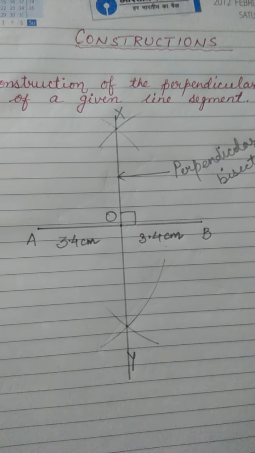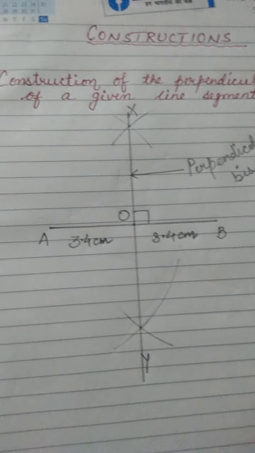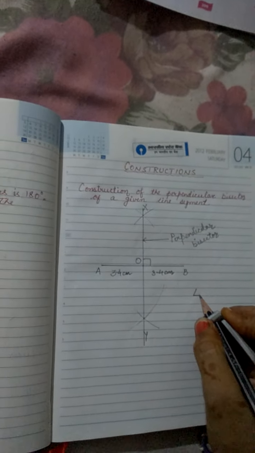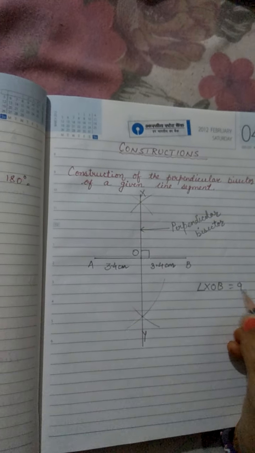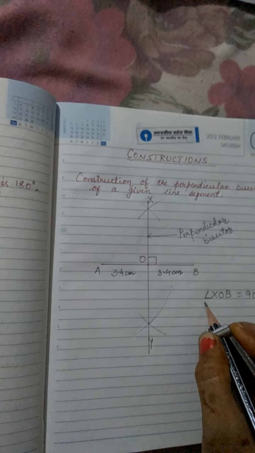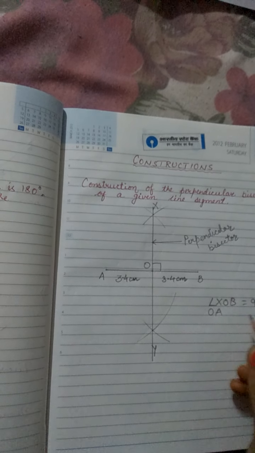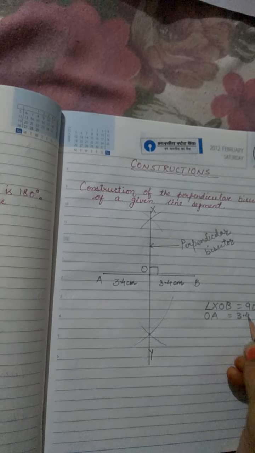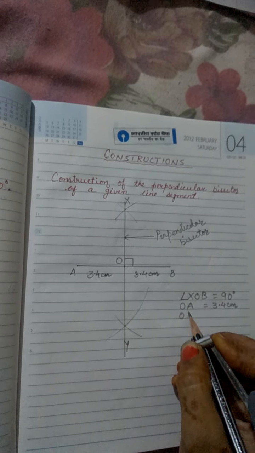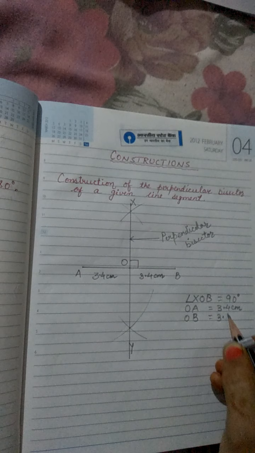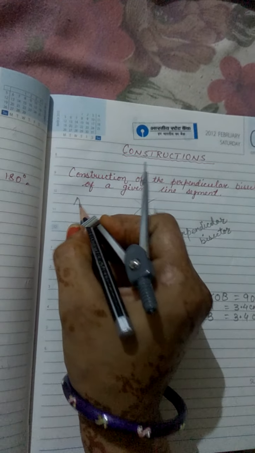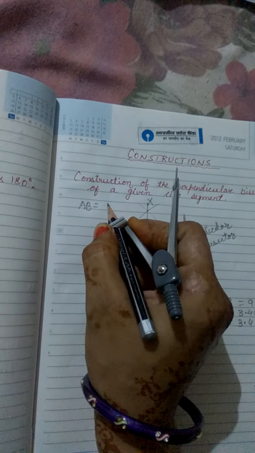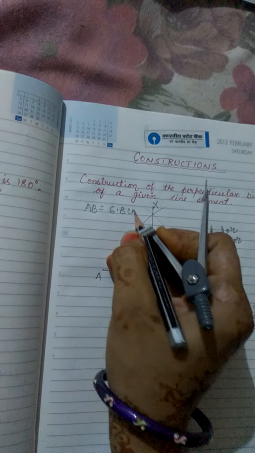So here we can also check that angle XOB is equal to 90 degree, OA is equal to 3.4 centimeter, OB is equal to 3.4 centimeter, and previously we took that AB is equal to 6.8 centimeter.